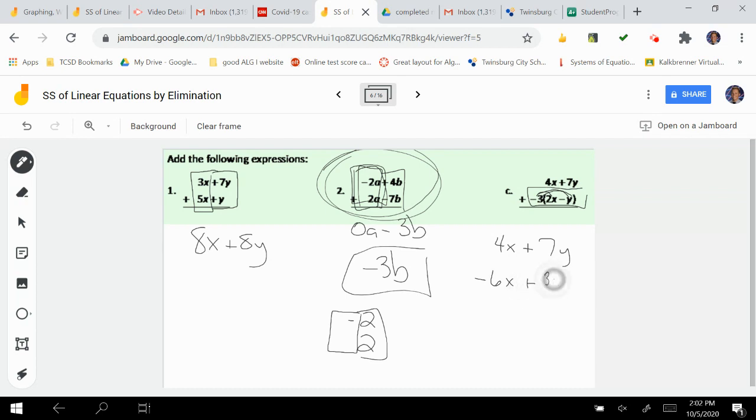Positive 3y. Remember, anytime we multiply by a negative, we just change signs. So this was positive, now it is negative 6x, and this was negative y, and when you multiply it by negative 3, it turns into a positive y. My final answer is negative 6x plus 3y. We don't combine them because one is an x, one is a y.